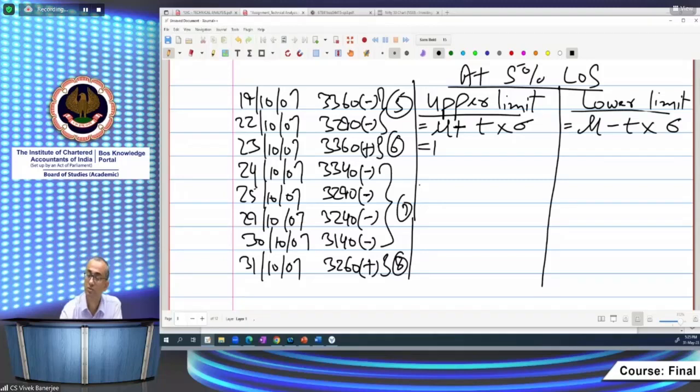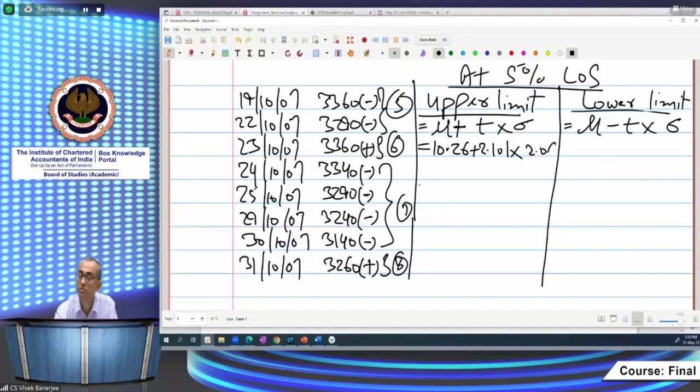Mu, we know the average, 10.26, plus t. The value of t is given in the question at 5% level of significance. It is 2.101, multiplied by the standard deviation.